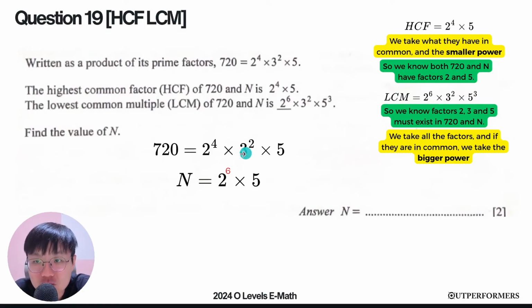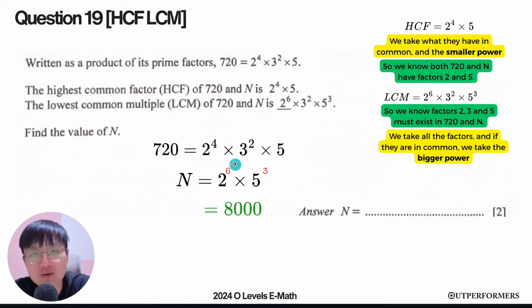And 3 squared already exists over here and it didn't appear in HCF, so you cannot add a 3 right here. And lastly, we don't have 5 to the power of 3 yet. Okay, 720 only has 5. So n definitely must have 5 to the power of 3. And then we have our answer. We can put this together as 8,000 here.